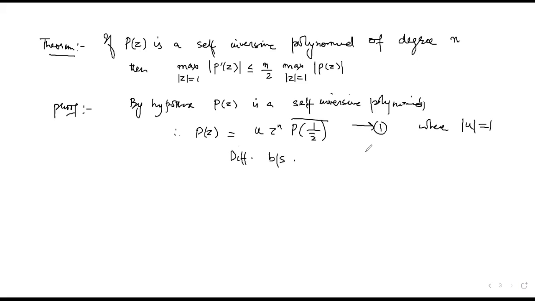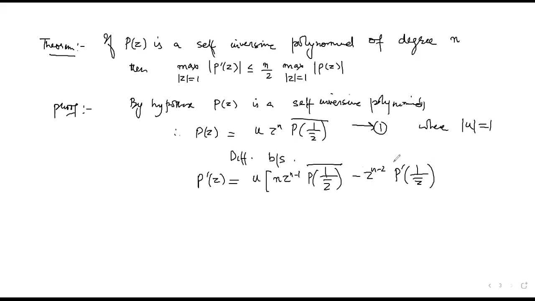sides and treat u as a constant, you can have p dash z equal to, we have done this before, u outside, n times z raised to the power n minus 1. You will have to check this a little, but last time we differentiated this in a theorem, so you can go back and look at it. This is actually p dash of 1 by z bar, whole bar.